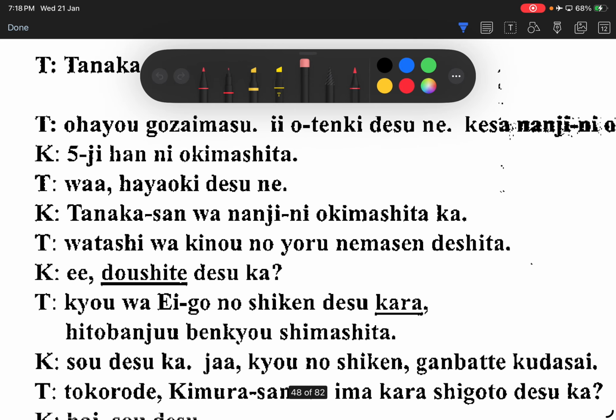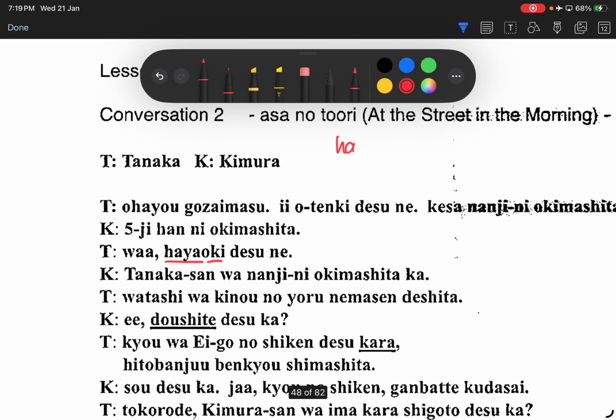So 早起き comes from 2 words. It comes from the word 早い and 起きます. What is 早い? 早い has 2 meanings. It is an adjective. It means fast. Yes. It also means early. Okay, it means fast or it means early.